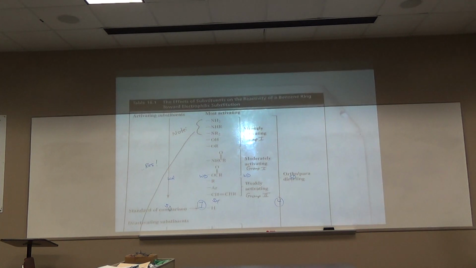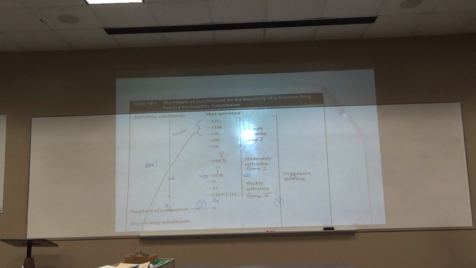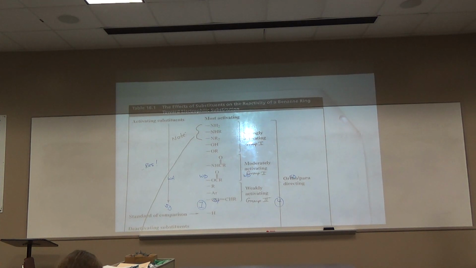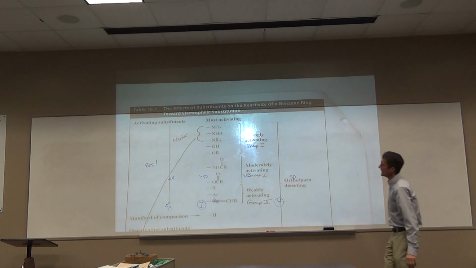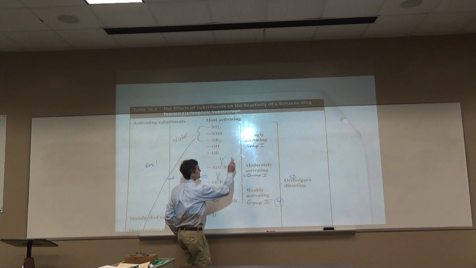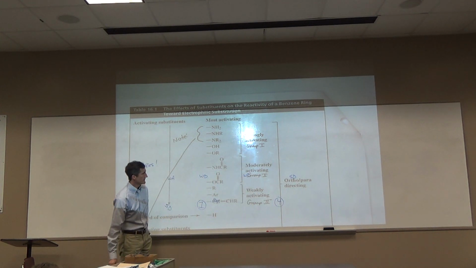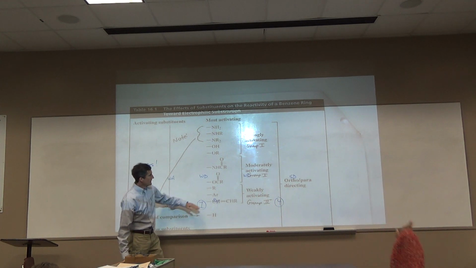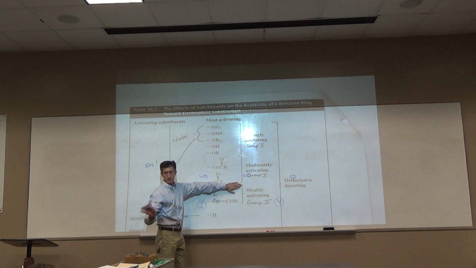This is a listing from a textbook, probably the Smith textbook that we used a while back. And Smith grouped these a little bit differently. Strong activating, moderately activating, weak activating. Now see, the strong and moderate, I call group one.